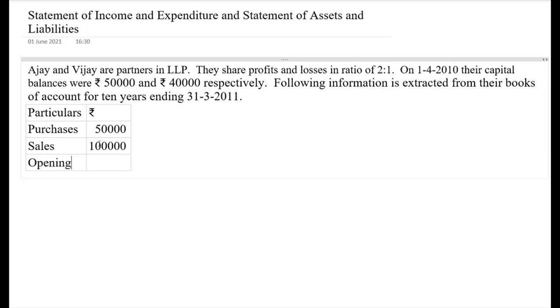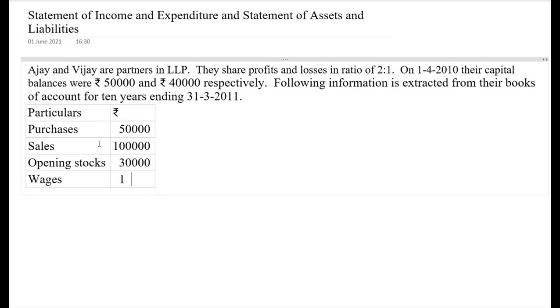Opening stock rupees 30,000. Wages 10,000. Salaries 10,000.